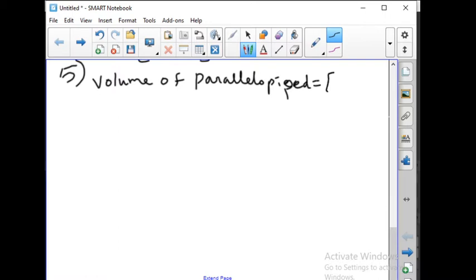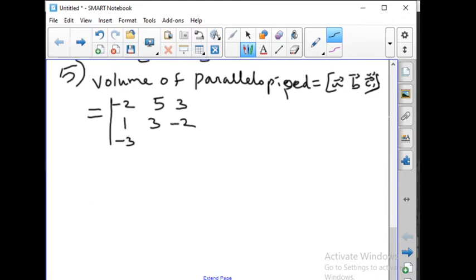Volume of the parallelepiped is equal to the box product of A vector, B vector and C vector. So it is equal to, we have seen this, the determinant of the coefficients. So what is it? Minus 2, 5, 3, 1, 3, minus 2, minus 3, 1, 4.